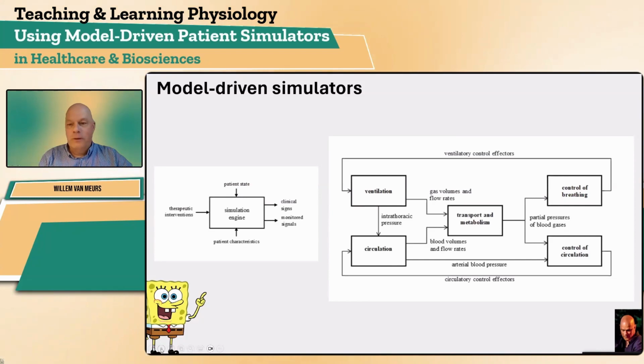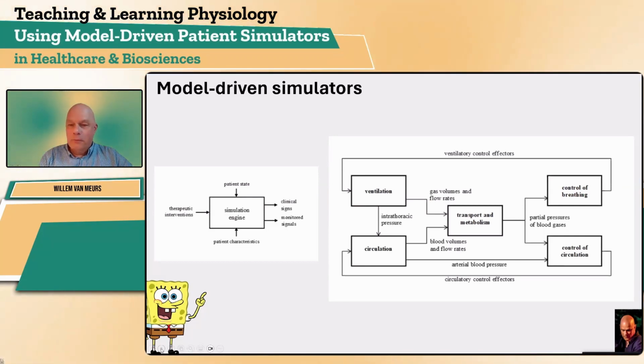And for example, when a patient gets hypoxic, the ventilatory drive will increase, what we call ventilatory control effectors, and breathing will become deeper and faster. And also when there is hypoxia, the heart rate will go slightly up. Heart rate not only depends on blood gases, it also depends on arterial blood pressure.